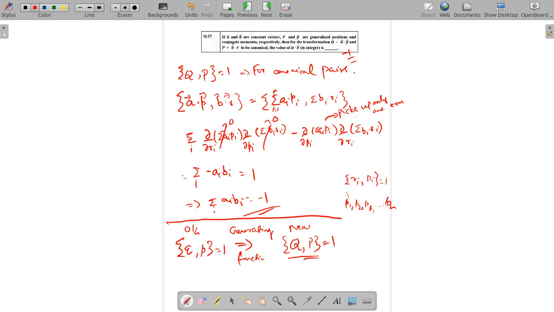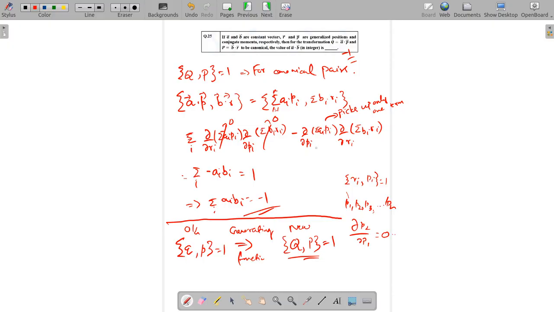Now this is 0 because these are canonical conjugate variables, so p_i does not depend on r_i, and the same holds on the other side. Now there is a minus sign and a summation over i. All the cross terms like ∂p2/∂p1 will be 0, so you get only the ith term.